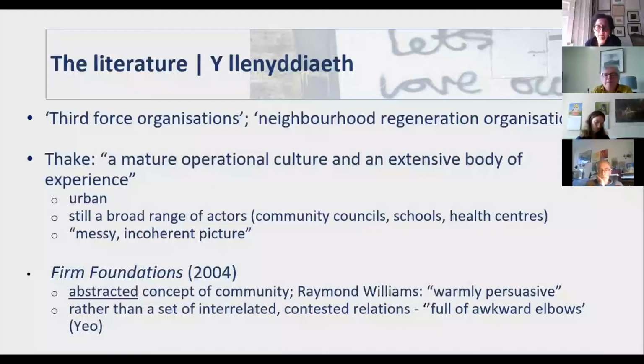Unlike all other terms of social organisation, such as state, nation, society, it never seems to be used unfavourably. And I think we need to get past some of that, as Stephen Yo does, where he refers to a better understanding of community as interrelated, contested relations, and what he calls full of awkward elbows, which I love. And I'll leave you to decide which of you are the awkward elbows.